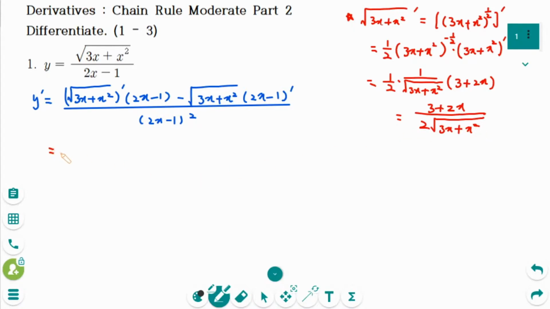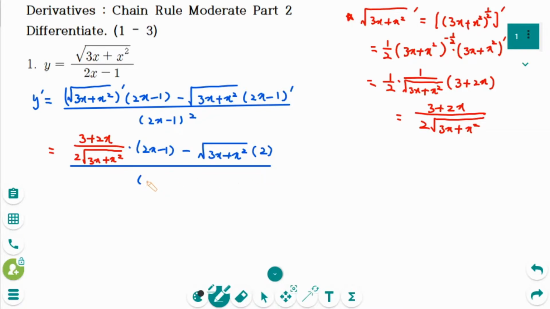We can rewrite as 3 plus 2x over 2 times square root of 3x plus x squared. Then back to the original: 3 plus 2x over 2 square root of 3x plus x squared times 2x minus 1, minus square root of 3x plus x squared times the derivative of 2x minus 1, which equals 2, over 2x minus 1 squared. Then multiply by 2 square root of 3x plus x squared over 2 square root of 3x plus x squared.